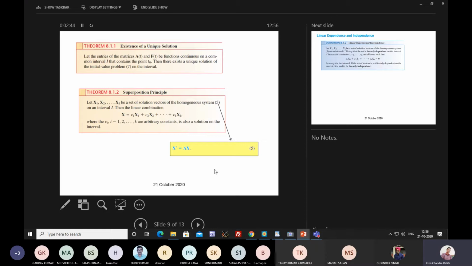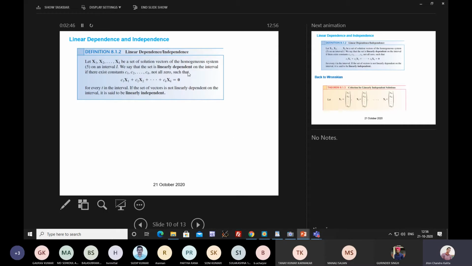Fine. So then again, linear independence and dependence, this also you already know. Now because the solutions are given in terms of vectors, here you can see that. And this is also pretty straightforward. You just go through it.